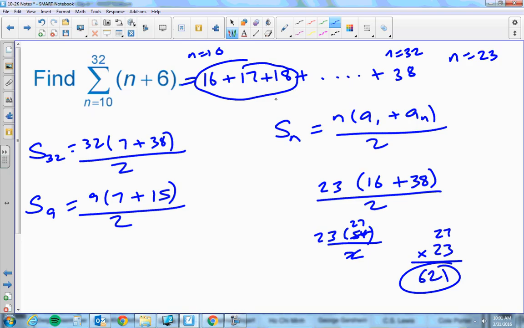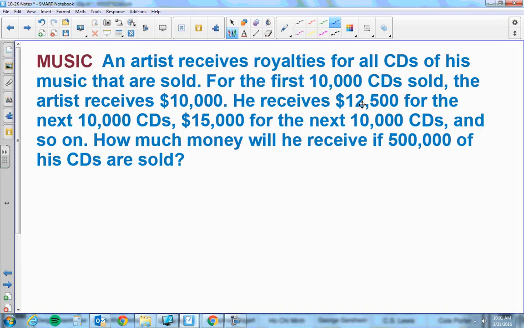Remember that little, I don't want to call it trick, but that little bit of math: when you're trying to go from this term of the sequence to this term of the sequence, subtract and add 1. All right, read that. And just watch.